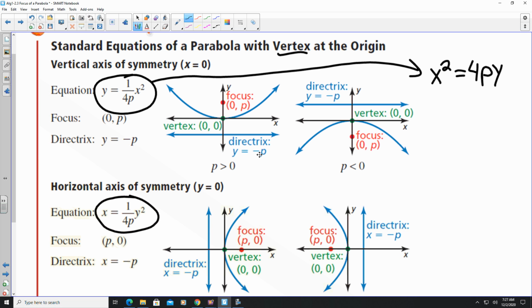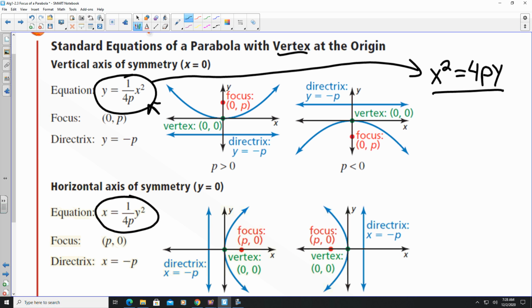I just like it because it gets rid of a fraction and your value for p is in the numerator. It makes it a little bit easier to solve for. But if you see it this way and you're good with it, by all means, use that as well. But for the majority of these lessons, I'm going to focus on this general equation here.